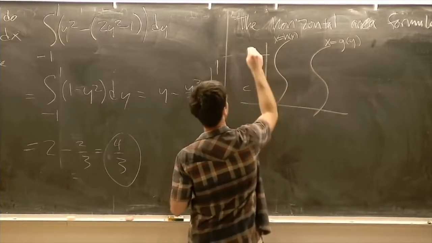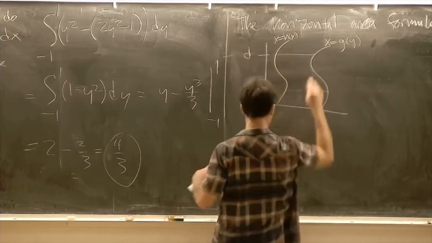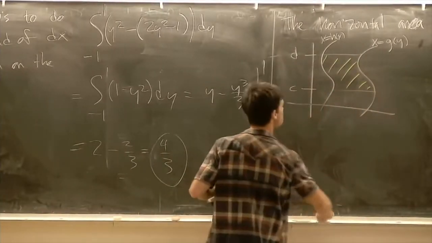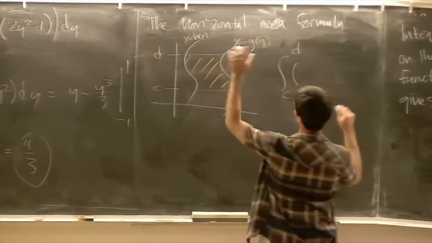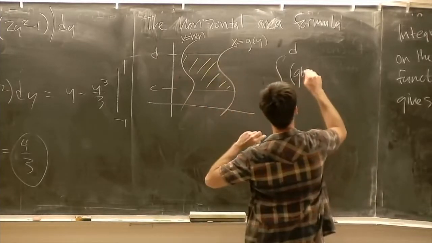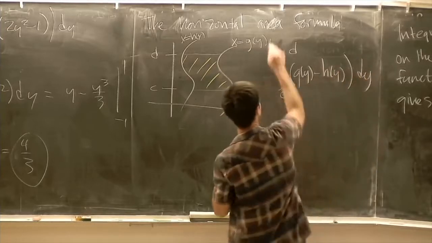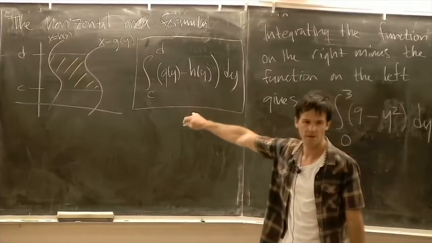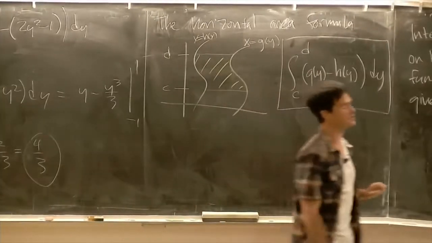And if this is a point C and this is a point D, then the area between them is the integral from C to D of, I say it's the one on the right minus the one on the left, g of y minus h of y dy. So that's basically the formula that I just used to get the area in this problem.